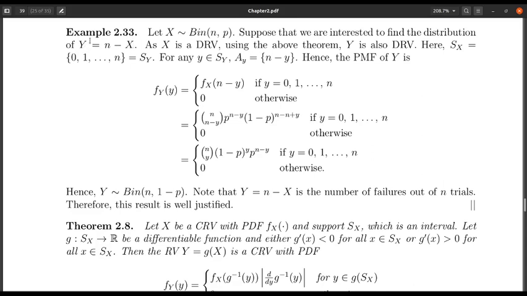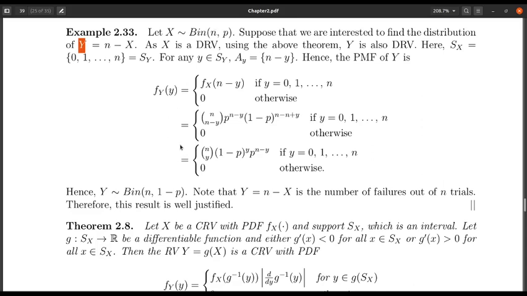Now the basic property of the binomial distribution says that Y should again be binomial, and the number of trials remains the same, which is n. The first parameter remains the same, but the second parameter is now the probability of failure, which is 1 minus p. So this logic tells us that Y should again be a binomial distribution with parameters n and 1 minus p.